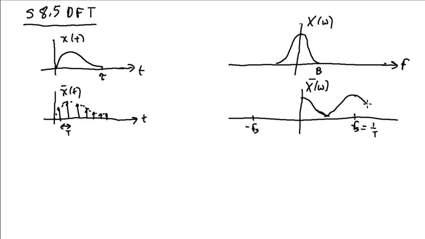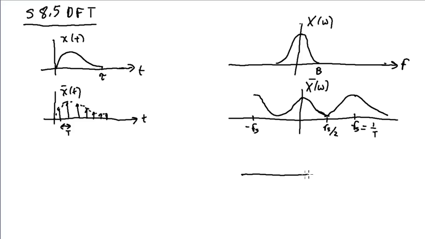And if we don't satisfy the Nyquist criteria, we'll have aliasing and some distortion at the higher frequencies at around fs over 2. And so this is what the spectrum of our ideally sampled signal looks like.